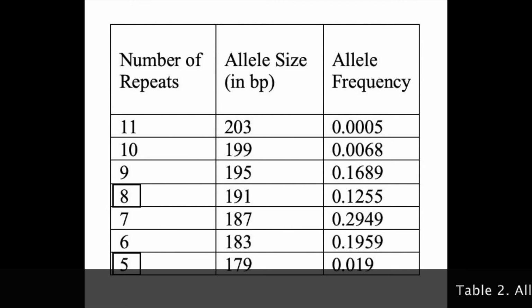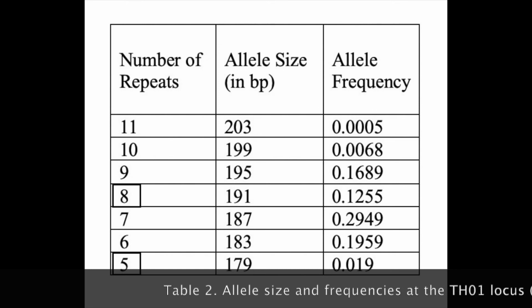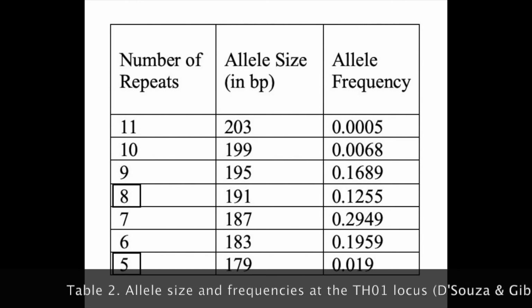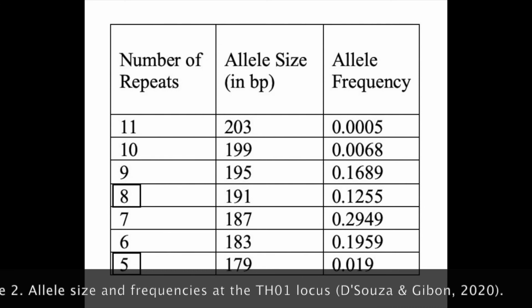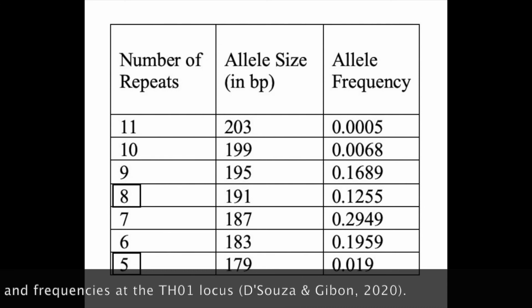For this crime scene investigation, the RMP was calculated for suspect 3 at the TH01 locus to determine the probability of the match seen between suspect 3 and the crime scene DNA occurring by chance. When STR analysis was performed at the TH01 locus, it was seen that both suspect 3's DNA and the DNA found at the crime scene were of a 5-8 genotype at the TH01 locus.